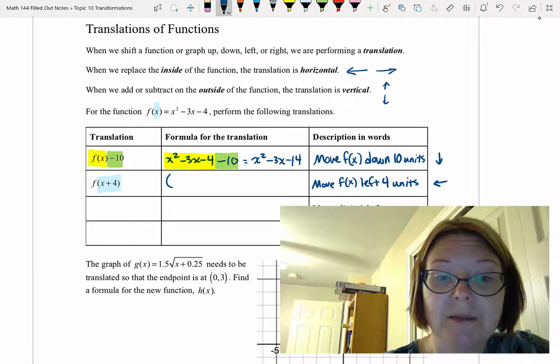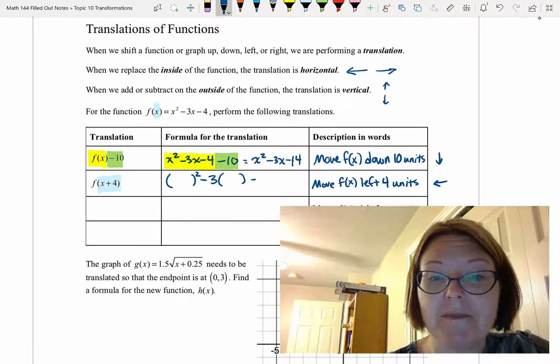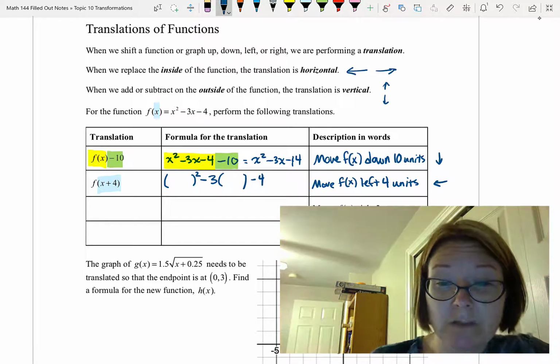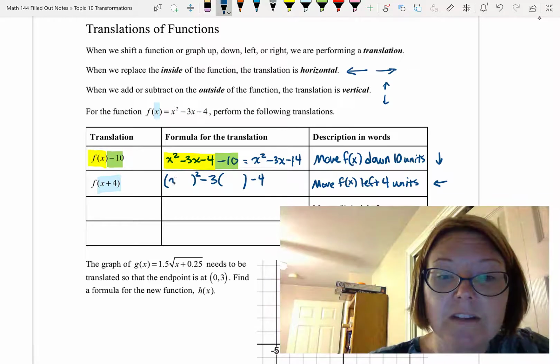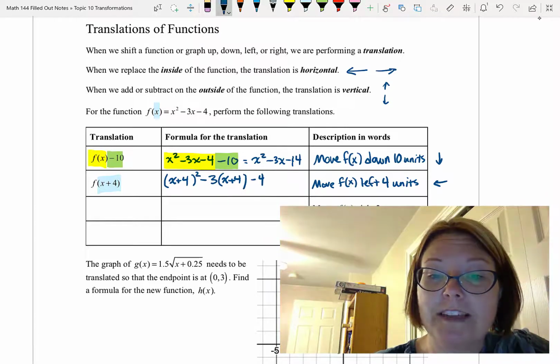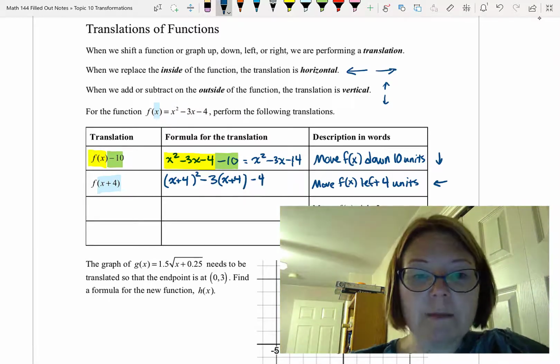It's something squared minus 3 times something minus 4. Now we just put x plus 4 inside those sets of parentheses, which gives us a set of parentheses holding x plus 4, which is squared, minus 3 times a set of parentheses holding x plus 4, and then minus 4 on the outside. Let's just leave it like that. That is a formula for the translation. We're not going to worry about simplifying it.